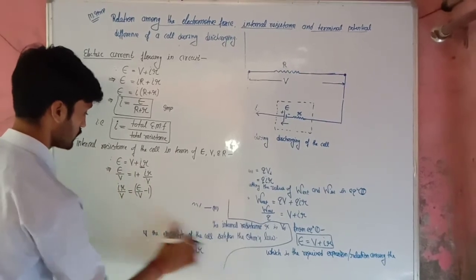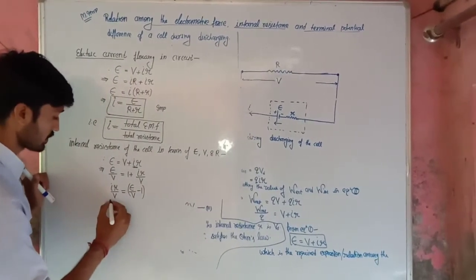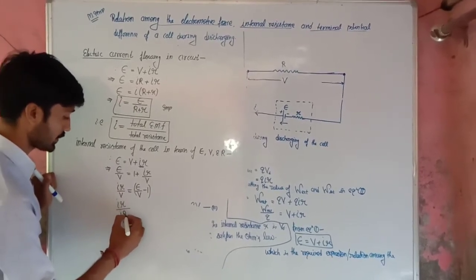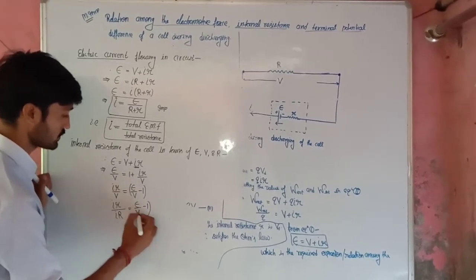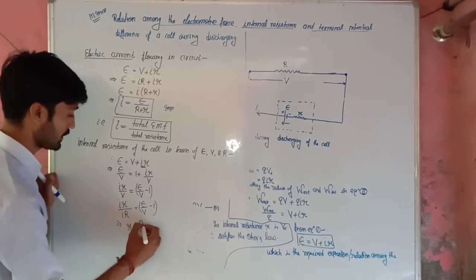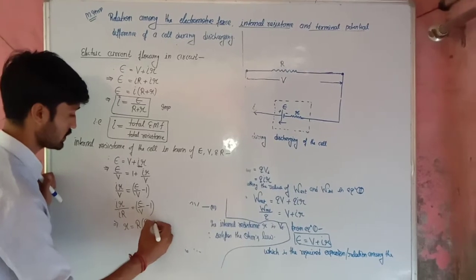So using Ohm's law, V equals I into capital R, this is r divided by capital R equals E by V minus 1, which implies that small r is equal to capital R times E by V minus 1.